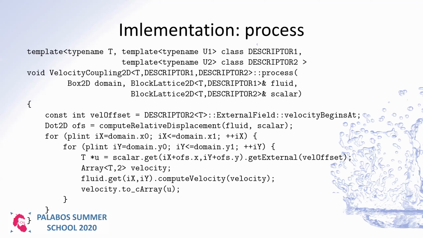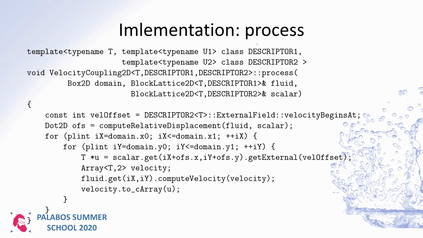Then, as I said before, we need to compute the relative offset between the fluid lattice and the advection diffusion lattice to be able to access their coordinates. Then you as a user have to write an explicit loop over the domain provided to you by Palabos. In this loop, you are going to compute the velocity on the fluid field.